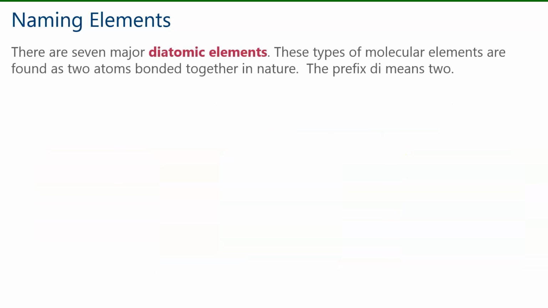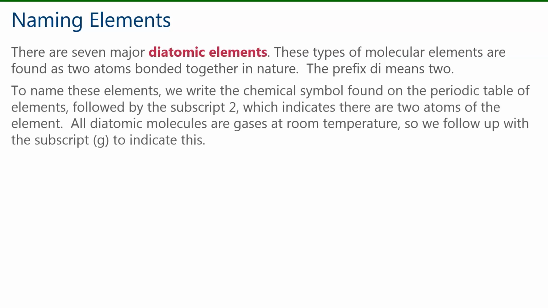There are 7 major diatomic elements. These type of molecular elements are found as 2 atoms bonded together in nature. The prefix di means 2. To name these elements, we write the chemical symbol found on the periodic table of elements, followed by the subscript 2, which indicates there are 2 atoms of the element.